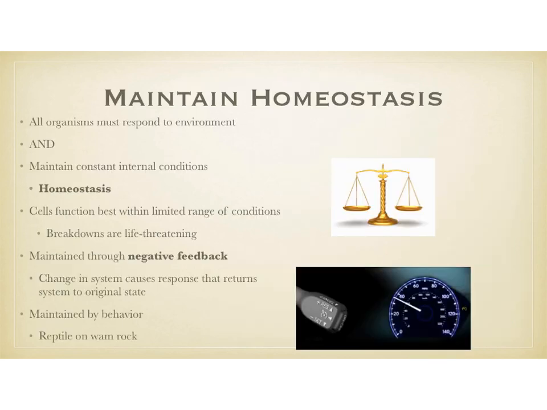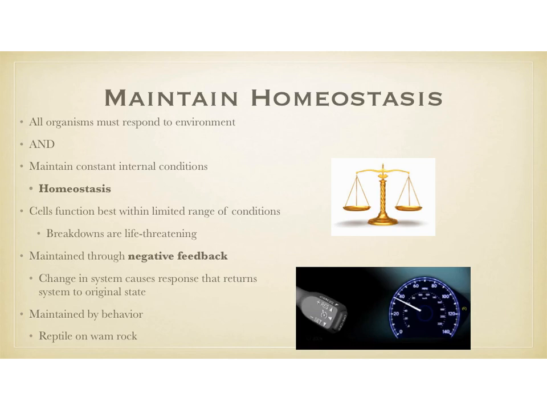Living things must maintain homeostasis. Okay, every living thing, all organisms, are going to respond to the environment, and by responding to the environment, they're going to have to maintain their constant or steady internal conditions. This is known as homeostasis. Cells function best within a very limited range of conditions: temperature, pH, salinity, hydration, and so on.